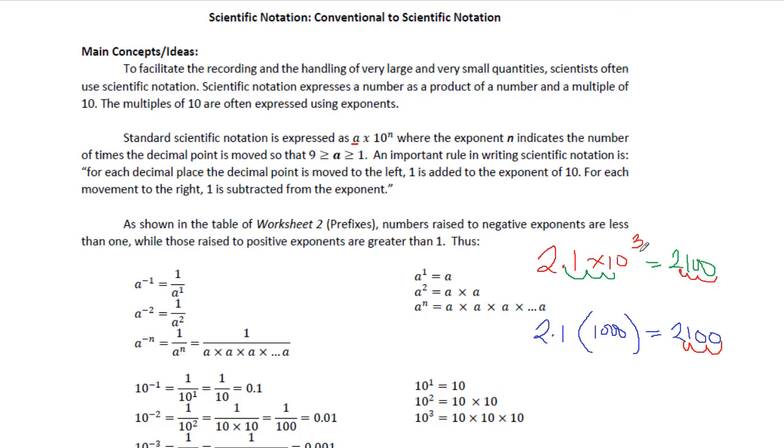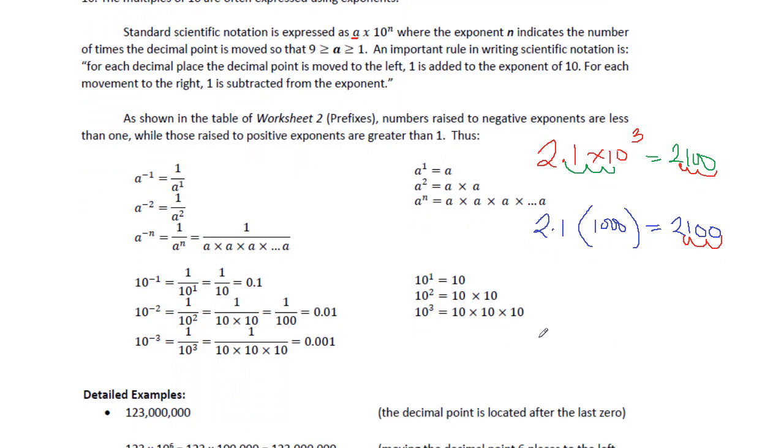Now, what if we have a negative exponent? When the exponent is positive, the quantity is a big number, bigger than 1, like 1,000, a million, 100,000. But what if we have a negative exponent? What's the purpose of this? Instead of positive 3, what if we have 2.1 times 10 to the negative 3?